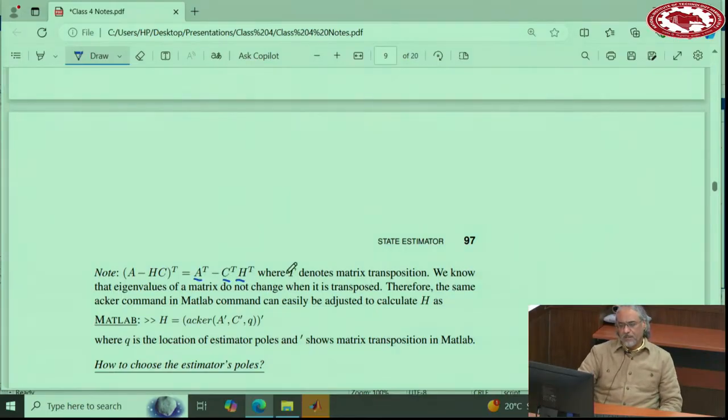So this is A minus a known matrix times an unknown matrix. So it's similar to A minus BK. The same approach, the same ACKER command that we use to design K, you can now use to design H. You only need to transpose A and C first, and this is the way you transpose in MATLAB, and then choose the location of the eigenvalues of A minus HC of the estimator, and then once you calculate it, transpose it.